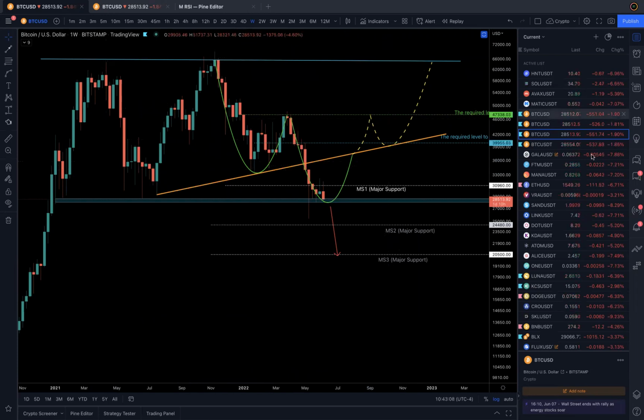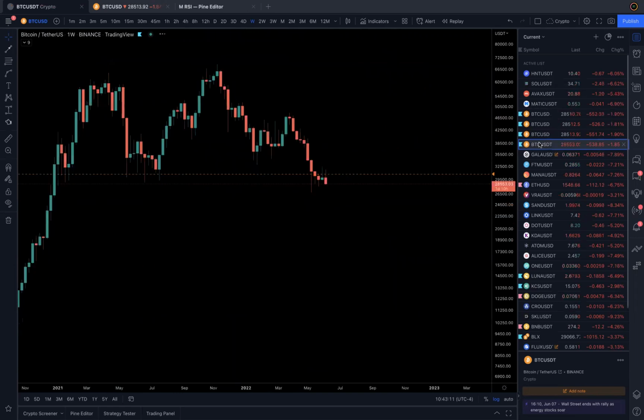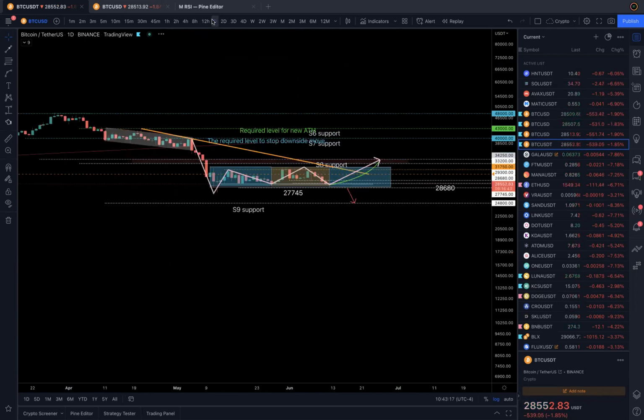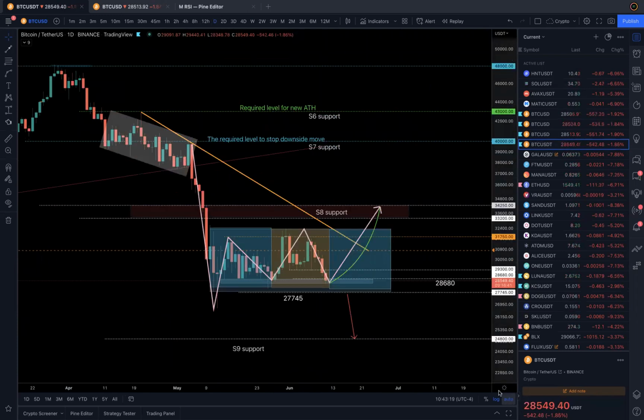And of course, when you go on daily, this is so messy, right? Because it has to be tracked on daily like this. Then you get clarity. So we break the pattern on a weekly into daily, and this is what we are tracking: this is a low consolidation zone on the left-hand side at an attempt.